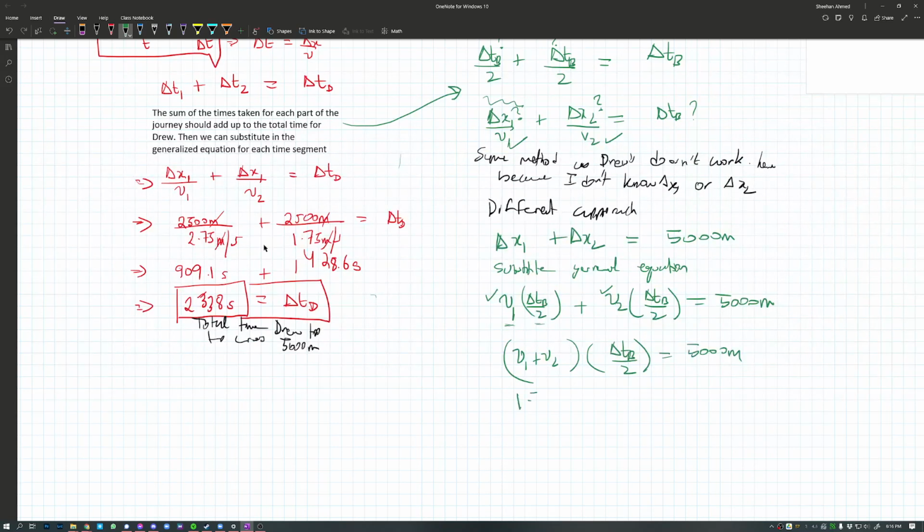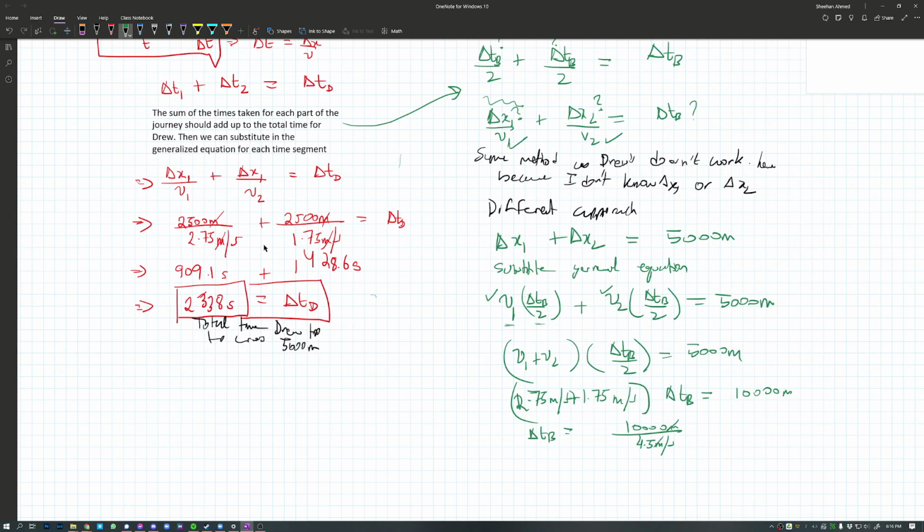This is 2.75 meters per second plus 1.75 meters per second times delta TB. I'm moving the 2 over there, so I get 10,000 meters on this side. Well, delta TB is equal to 10,000 meters divided by, what's 2.75 plus 1.75? I get 4.5 meters per second.